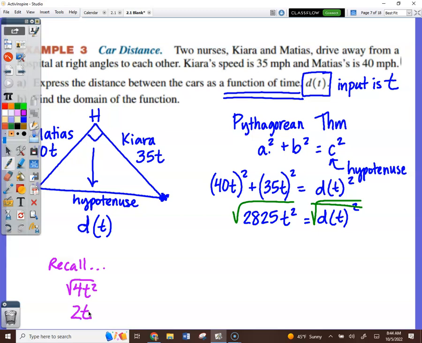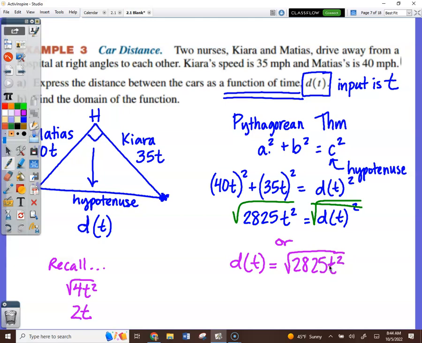If I told you to express it as a function of time, and I just wanted the equation, you could leave it here and say that the function is the square root of this times t.